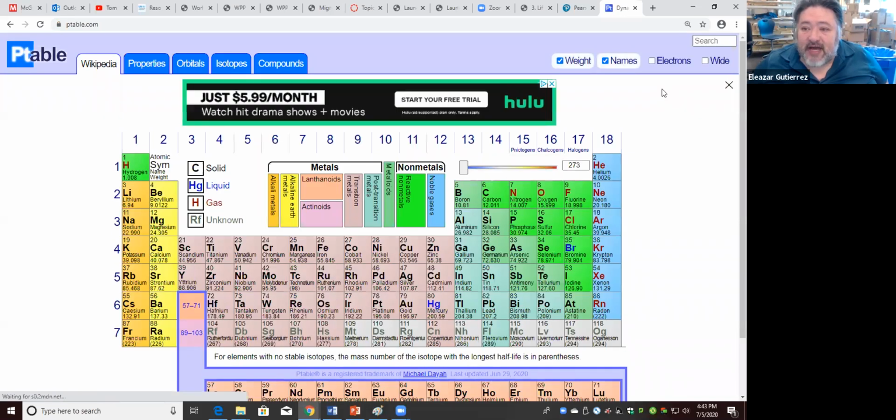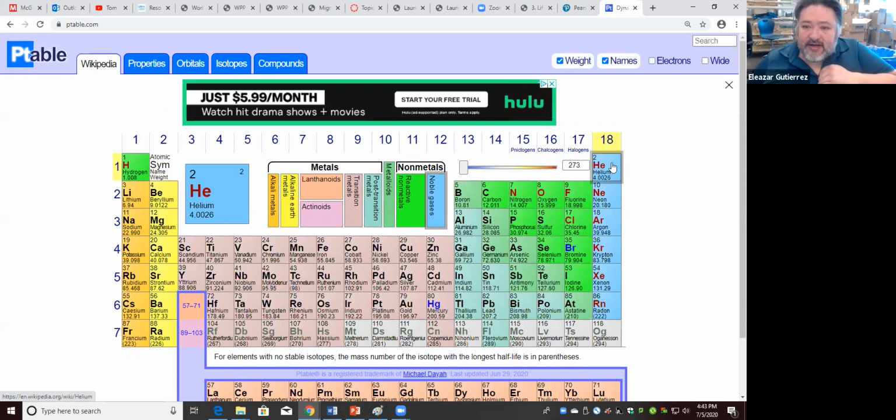So if you remember last week when we were dealing with the periodic table, and we talked about valence electrons and how hydrogen has one valence electron and helium has two, and they're part of the nobles here that don't want to play with anybody else. Lithium has one, beryllium has two.